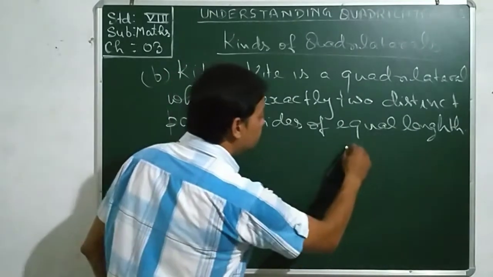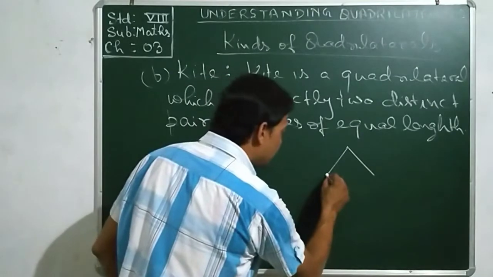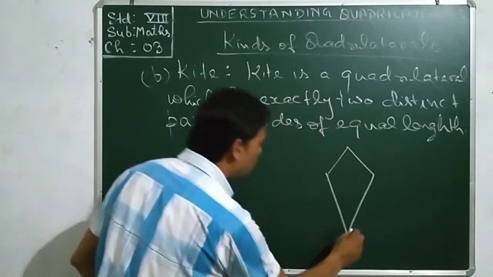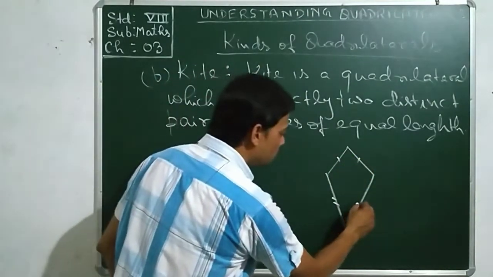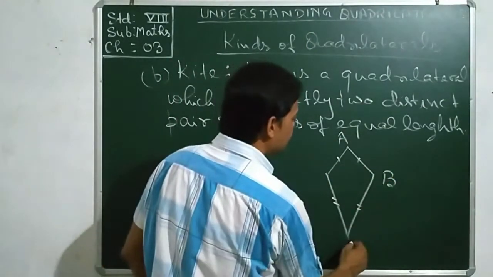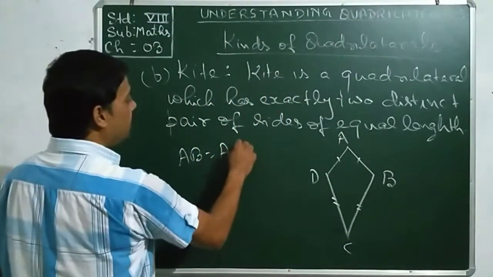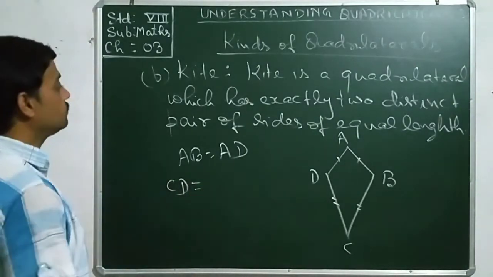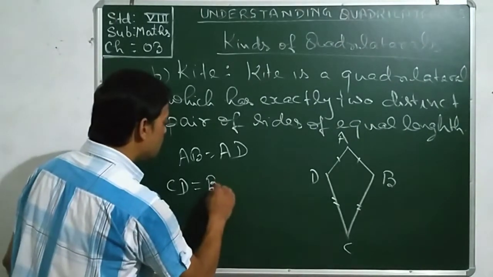Say these two sides are of equal length, and once again these two sides are also of equal length. If you name them A, B, C, D, here AB equal to AD and CD equal to BC.